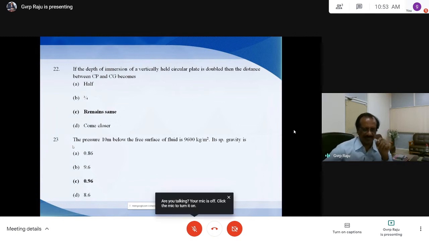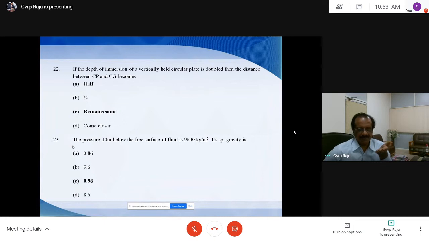When specific weight of the fluid is 960 kg per meter cube, what is the specific gravity? We can straight away give the specific gravity as 0.96. Because you cannot get a specific gravity of 9.6 or 8.6, you can think about 0.86, but it is 96. Obviously, the answer is 0.96. Specific gravity is less than 1.